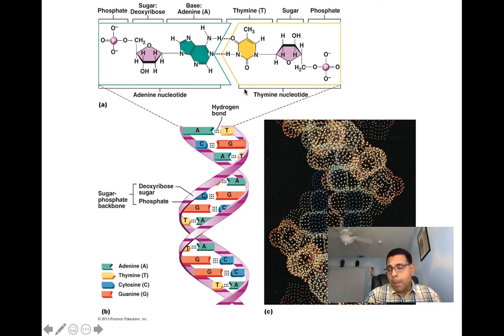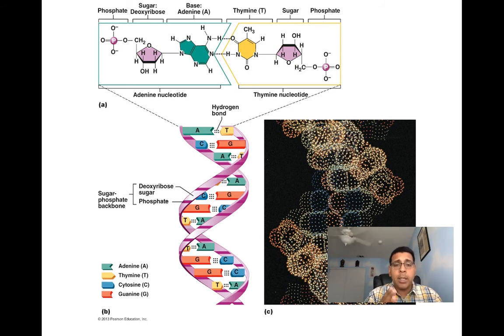Now when you talk about base pair bonding, bonding of the bases is very specific. Not anything and everything is just going to go and bind to each other. You will see adenine always binds with thymine, and cytosine is always going to bind with guanine, or vice versa.